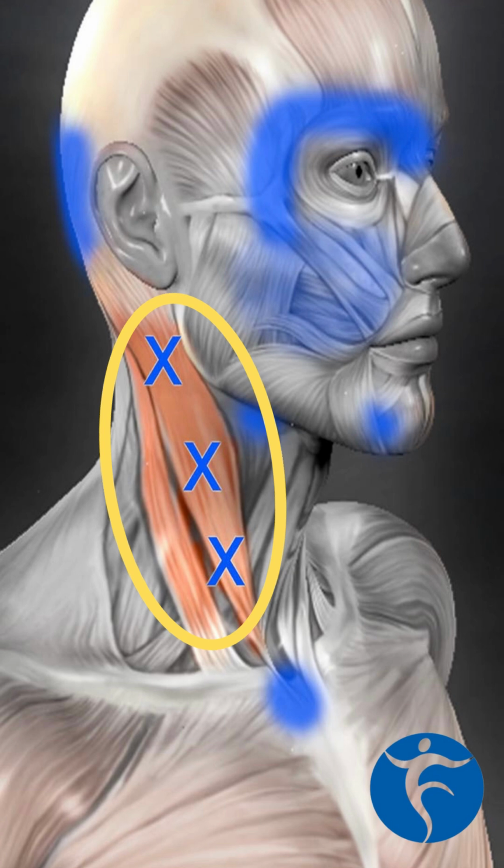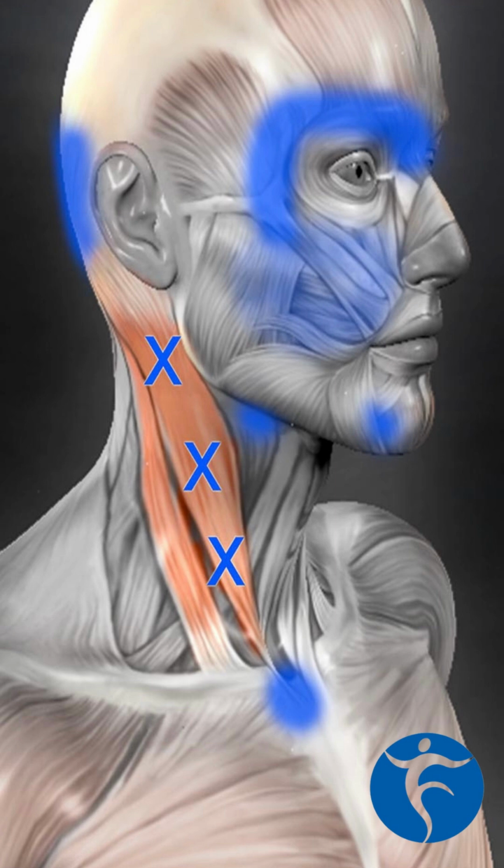One thing I want to show in these images is when we develop trigger points, or possibly just constricted or tight tissues, in the two different divisions of the sternocleidomastoid, you can see from that image that the sternal portion of this SCM can cause and refer pain to the base of your skull, your occiput.